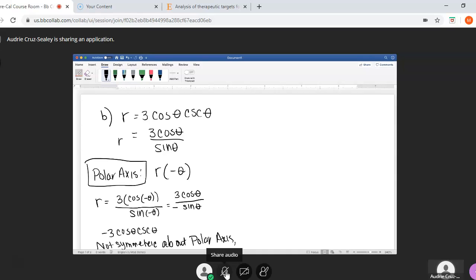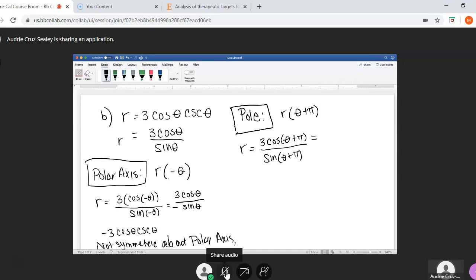Let's do the pole next. The test for the pole is we are going to replace theta with theta plus pi. Do you agree with that? So I would have r equals 3 cosine of theta plus pi divided by sine of theta plus pi.